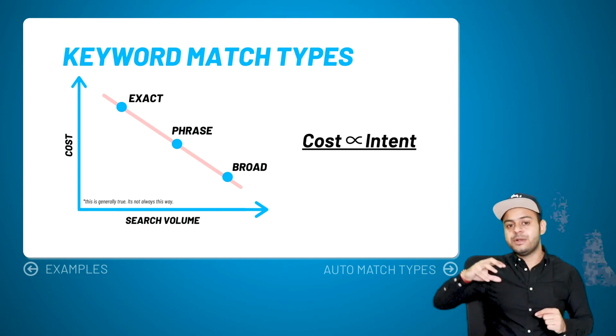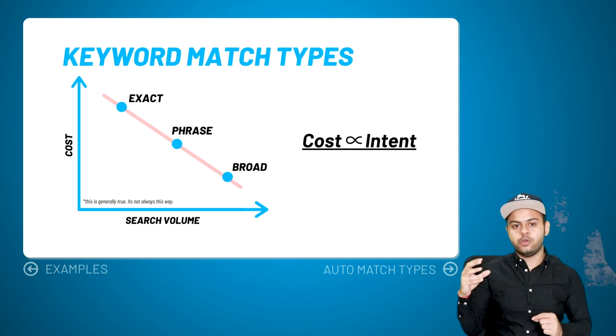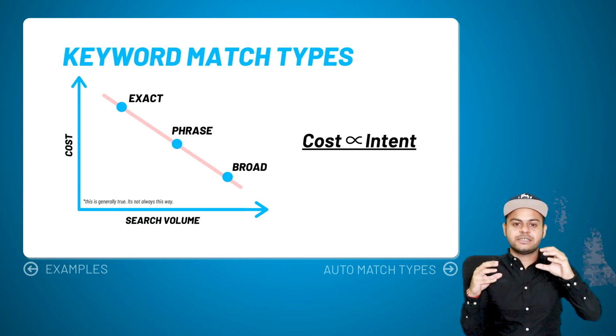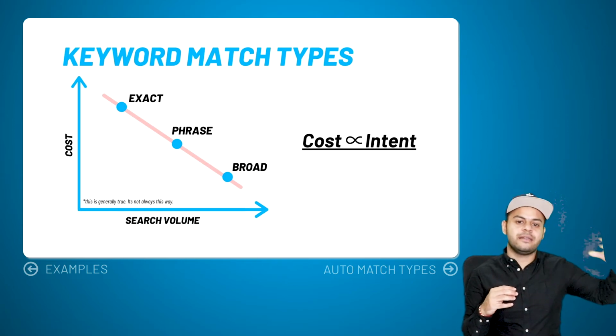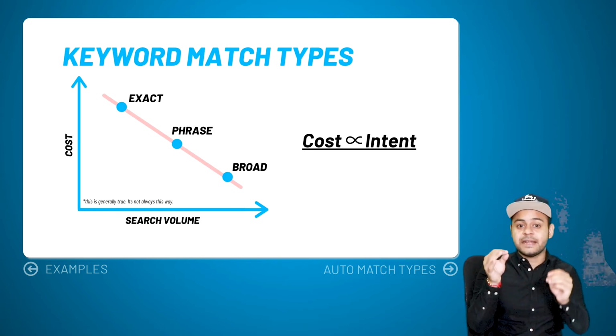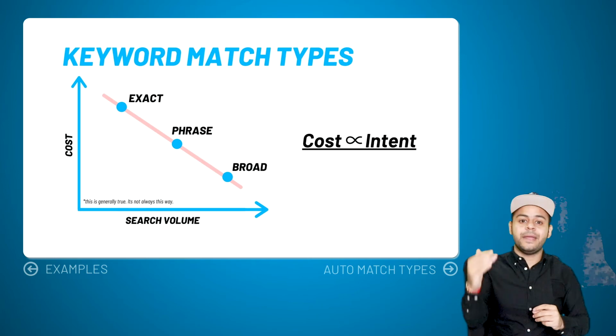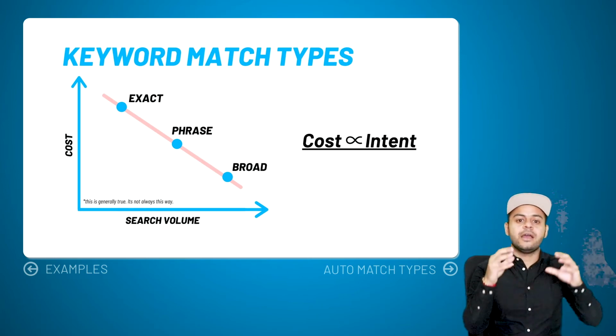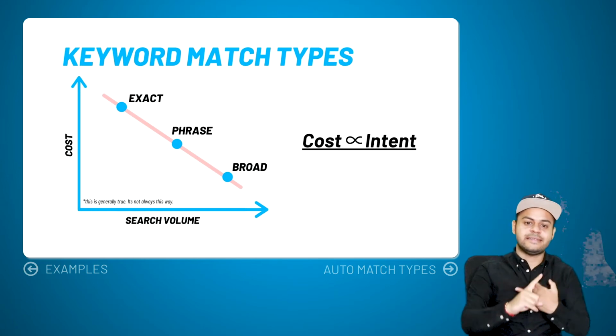And that is why you will definitely get a lot of search volume and therefore a lot of ad impressions, but you might not be very relevant to all of those keywords. And that is why the cost that you pay to Amazon per click for a broad match type is relatively lower than the phrase and the exact match type.